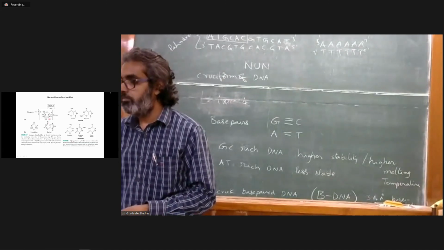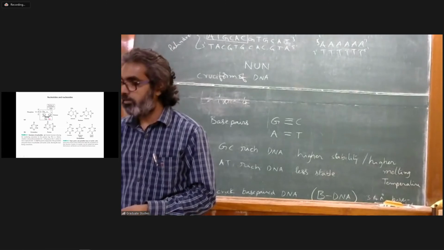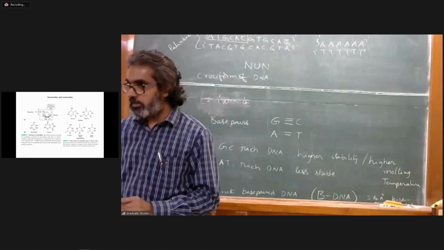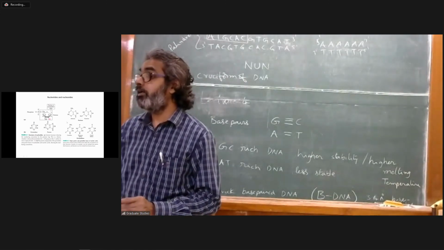Sir, in the previous classes, you said that all the cells have the same DNA, but the way they express themselves is different. So can we say that all the cells have different messenger RNA, because that is why they are expressing in a different way? That's what I meant. Different genes expressed means different messenger RNAs.